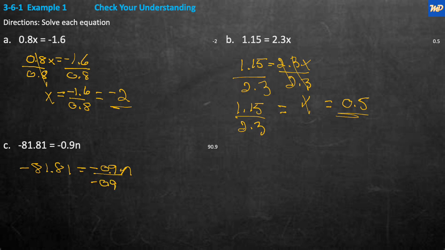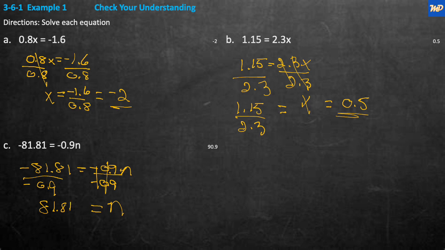I have to divide by the negative, because otherwise I'll be left with a negative and then I'd have to divide by a negative 1. So I just divide both sides by negative 0.9. When I do that, these, including the negative signs, will disappear. So we end up with an n, and n equals what?